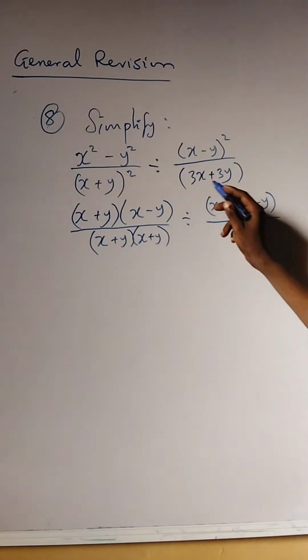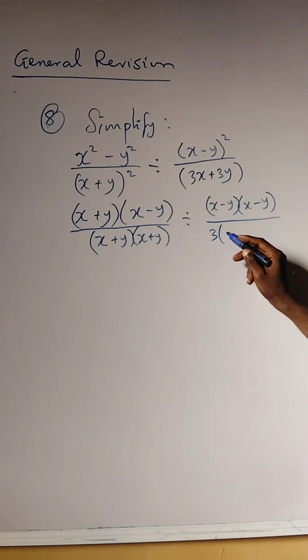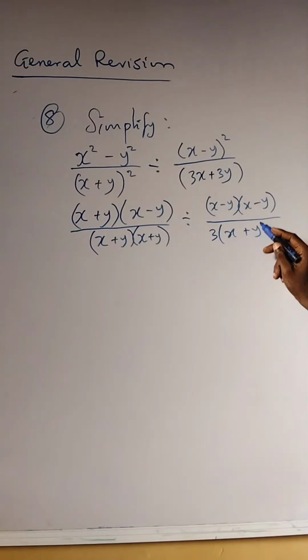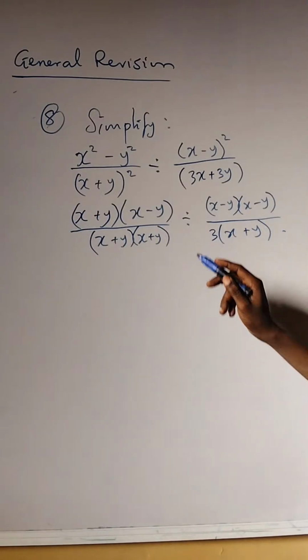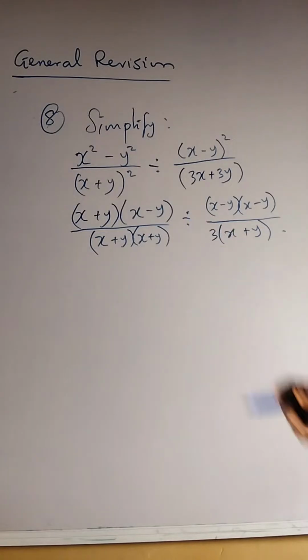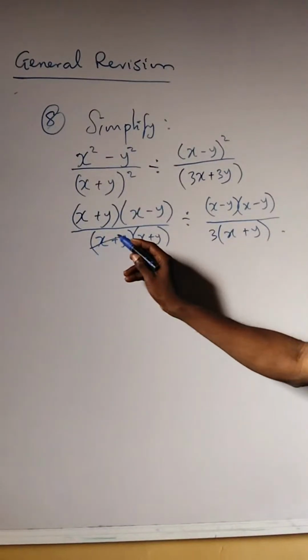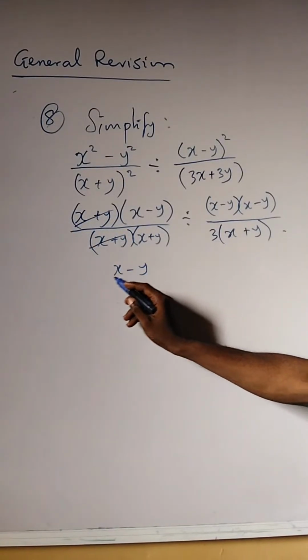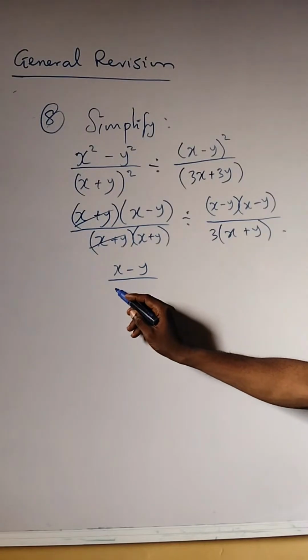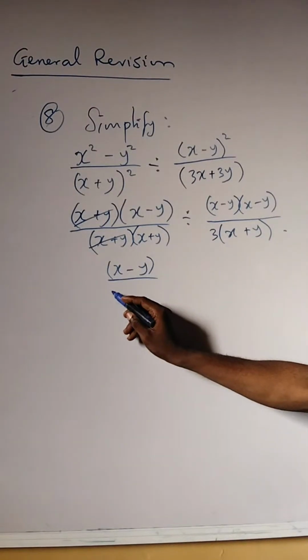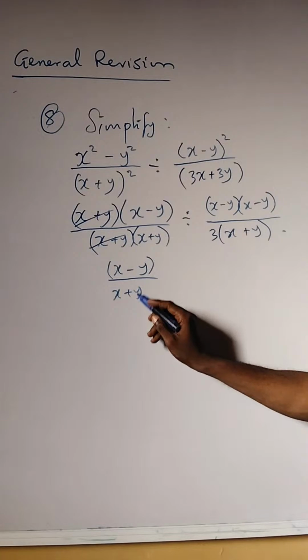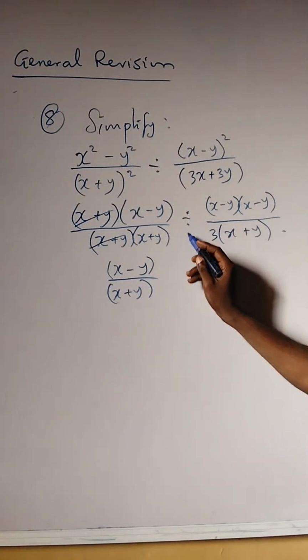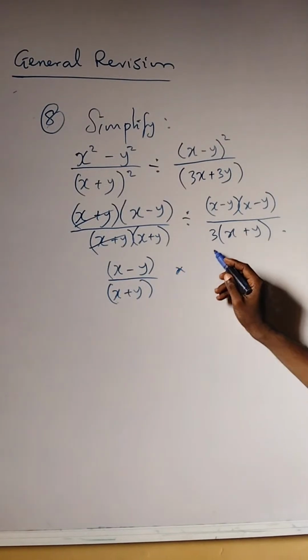Here we factor 3 out, so we have 3 into brackets x plus y. Now first, we can get rid of this, and we are left with x minus y over x plus y, and you can still put it in brackets. Division here turns to multiplication.